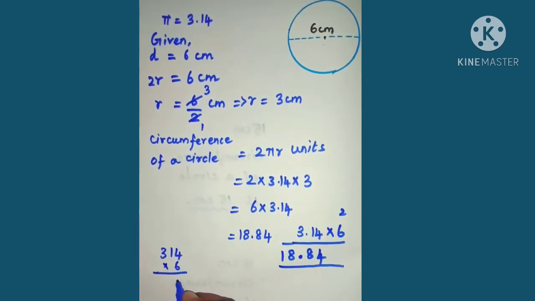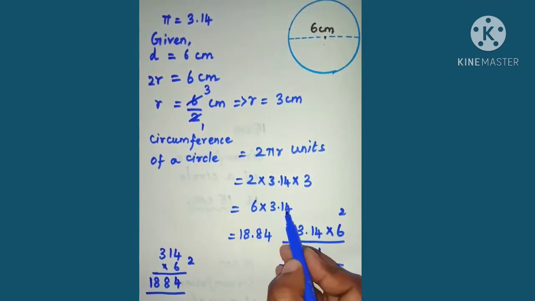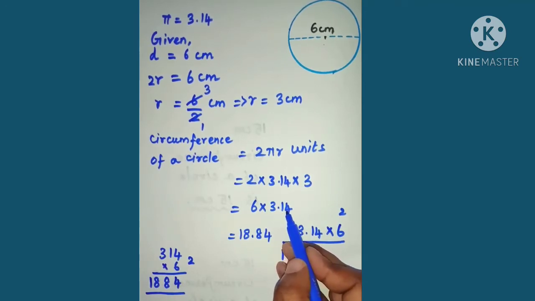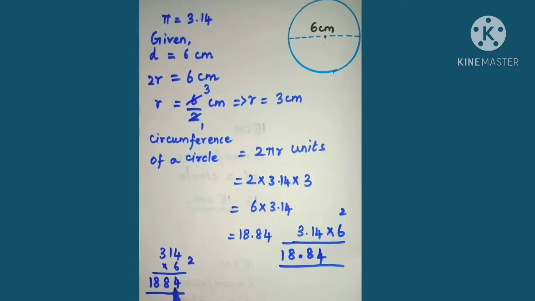So 6 into 4 is 24. 6 into 1 is 6 and 2 is there. 6 plus 2 is 8 and 6 3s are 18. So the value is 1884. And here the decimal point: after the decimal point there are 2 digits. So here we have to put the decimal point before 2 digits.